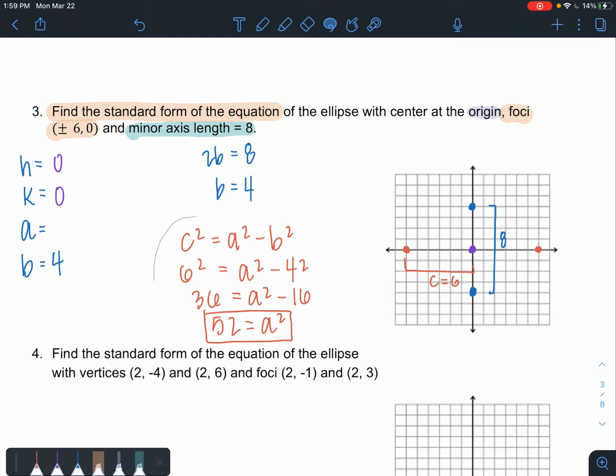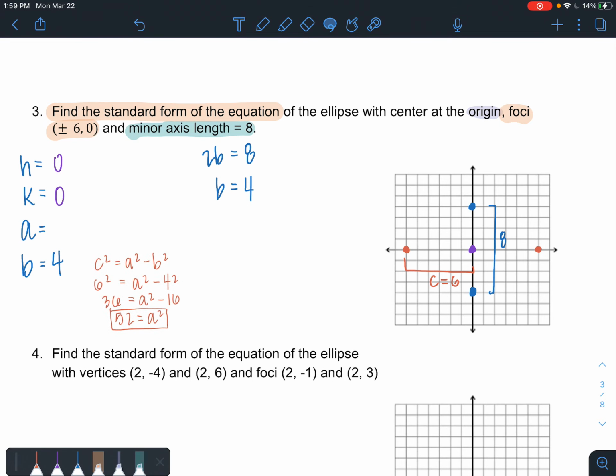Because when I plug it back into my equation, x minus h squared over a squared, and we do have this major axis here, plus y minus k squared over b squared equals 1. I have a squared there.